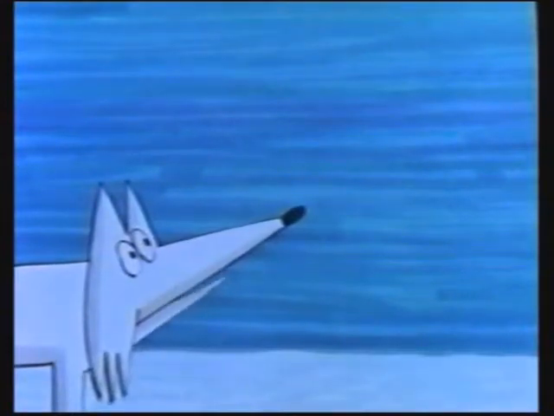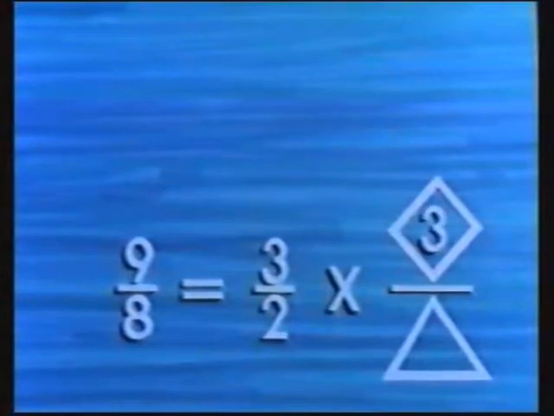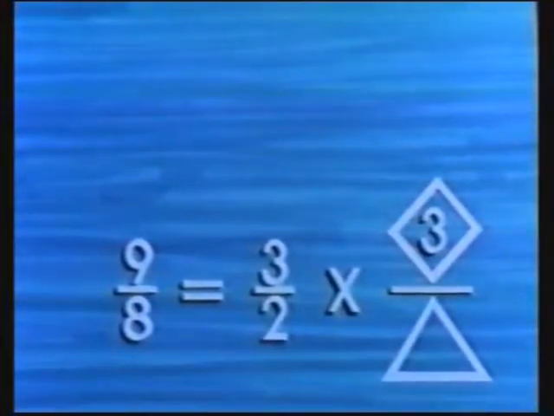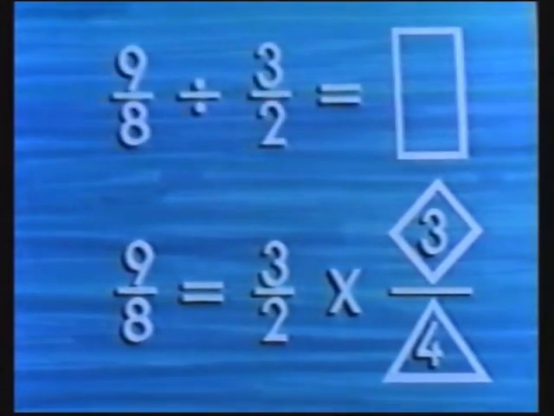Now, what do you multiply by 3 to get 9? That's right. The 3 must go in the diamond. And the triangle? Right, since 2 times 4 is 8. Now, let's go back to our problem.